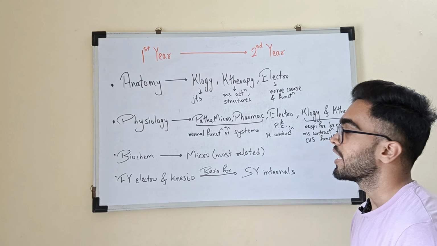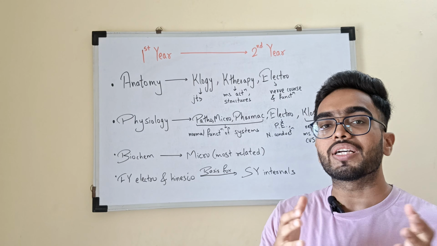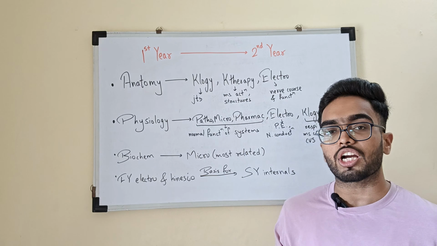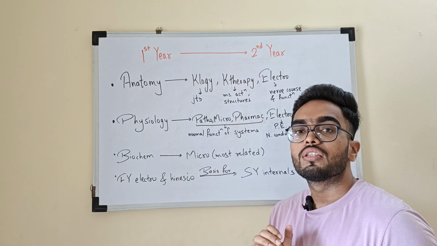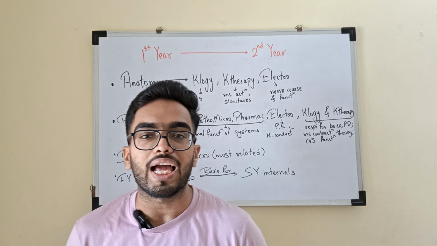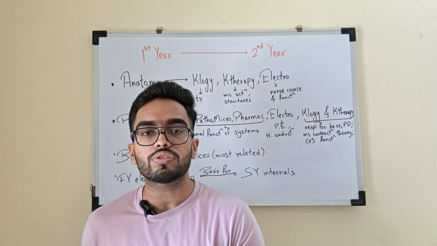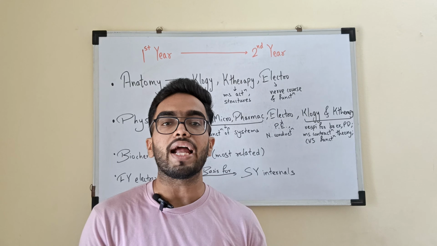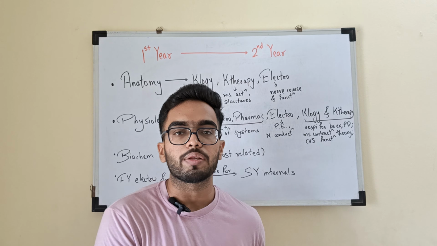Next is kinesiotherapy. In that, the major use of anatomy is for the muscle function and the various structures which we learn in anatomy. Next is electrotherapy. The nerve cords, the nerve roots, the nerve conduction, the function of various nerves and the nerve supply to various muscles. All these are important for electrotherapy.